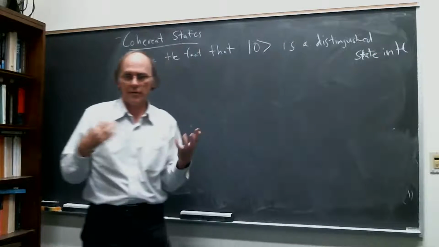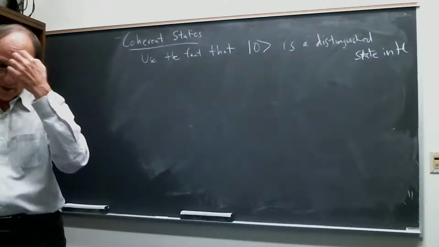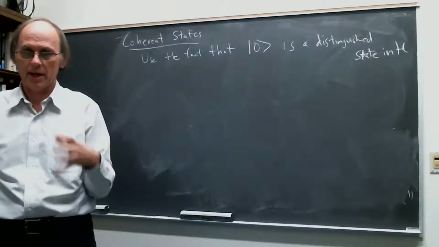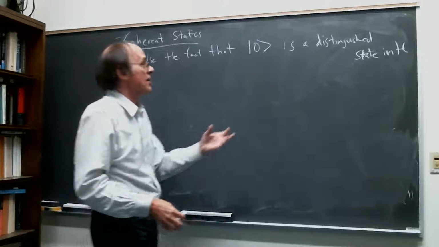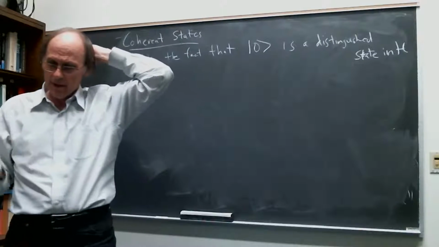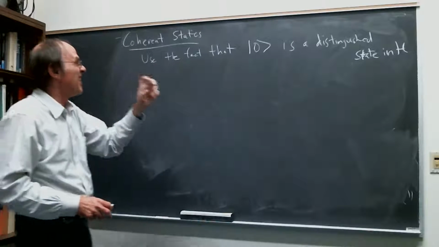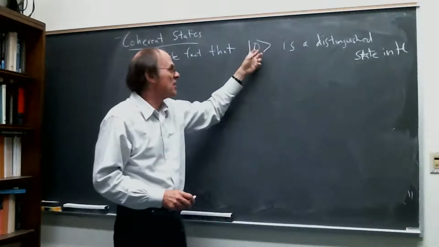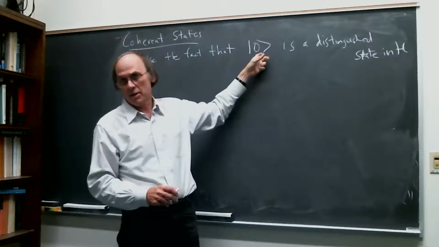From the point of view of thinking about your standard quantum mechanical state space as the state space of a harmonic oscillator, or in terms of this harmonic oscillator Hamiltonian, one interesting thing you've done is pick out a distinguished state.